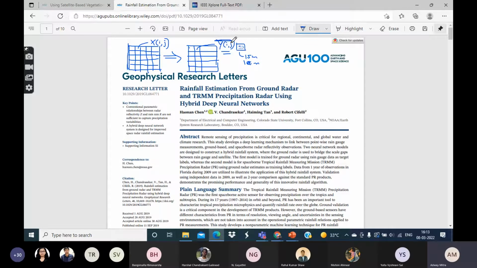So what I do is I learn some function like this, which maps the pixel intensities into the geophysical value which I am interested in. And this function f is best parameterized with the help of a neural network.